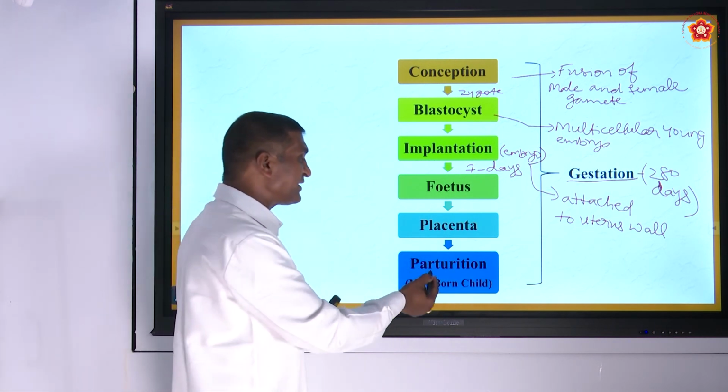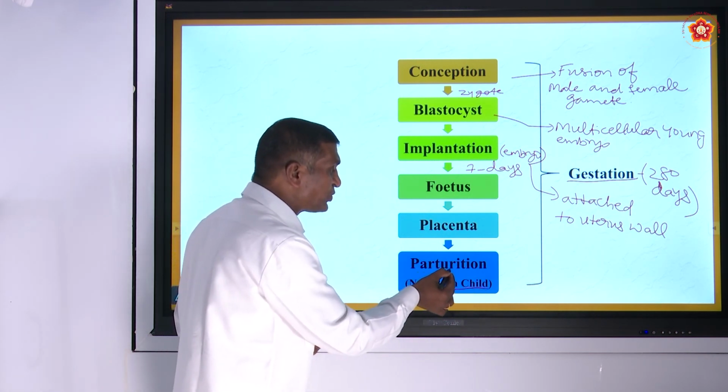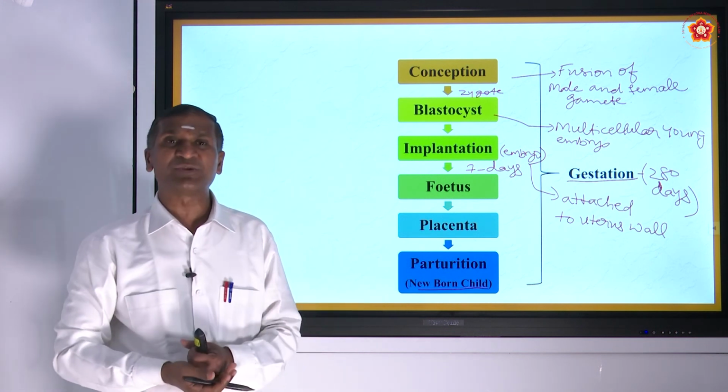After these 280 days, a newborn child is born, which is parturition.